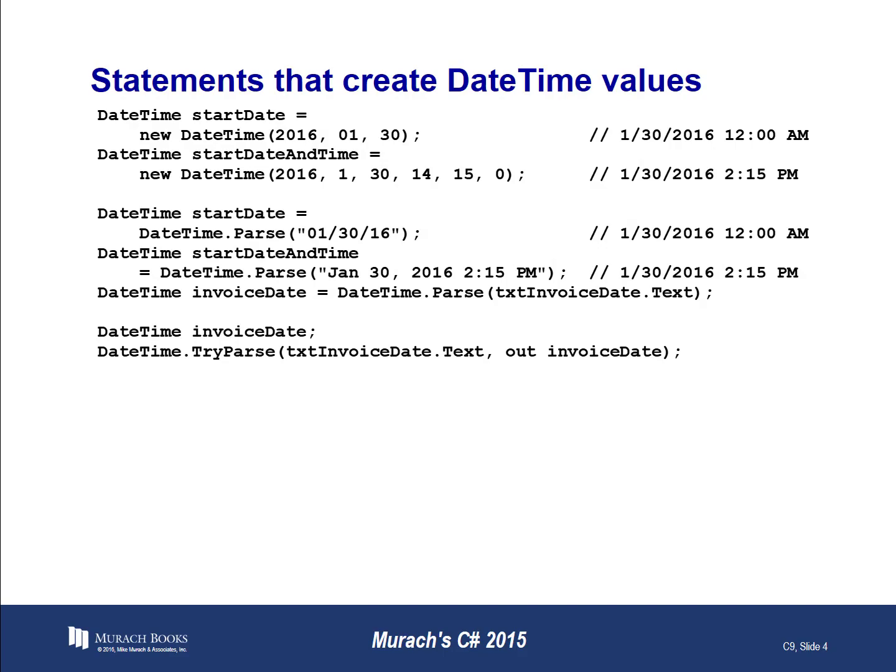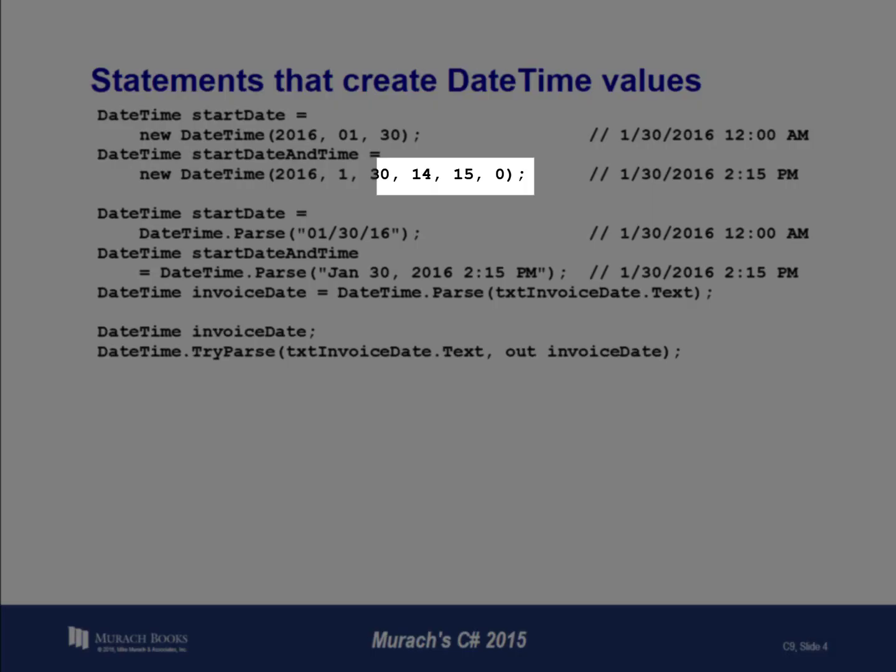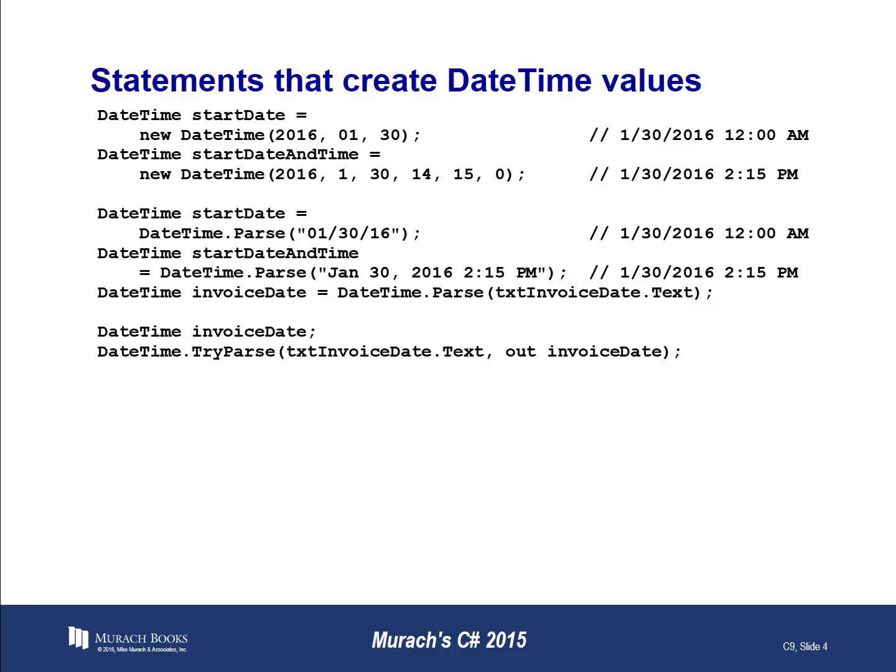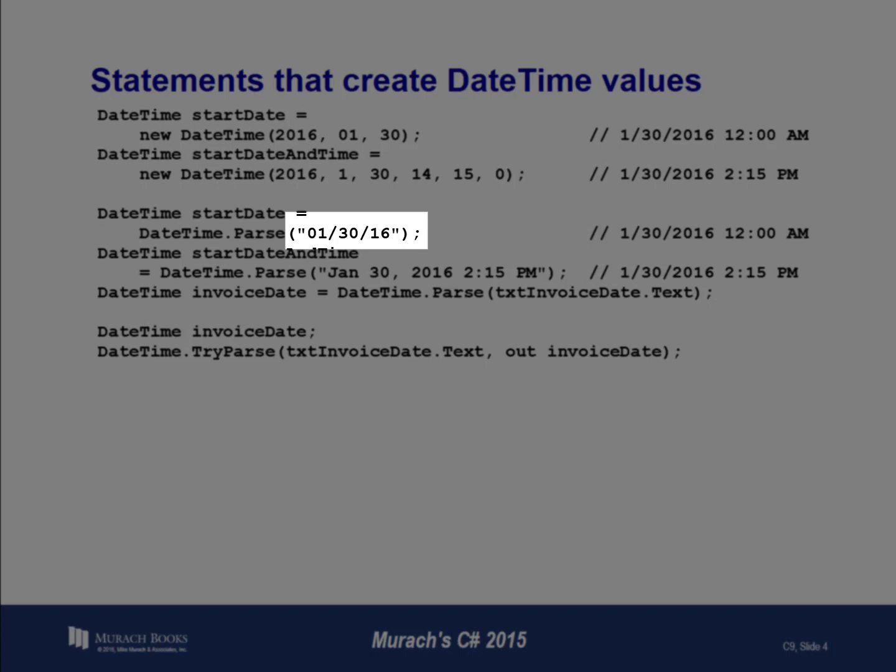If we do specify time, the hours are 0 through 23 for the 24 hours of the day, and of course minutes are 0 through 60, and so are seconds. If you want to enter a date that is formatted the way we would often write it in a Word document or in a letter, you can certainly type dates with slashes or dashes, and Parse and TryParse should be able to interpret those without much issue.